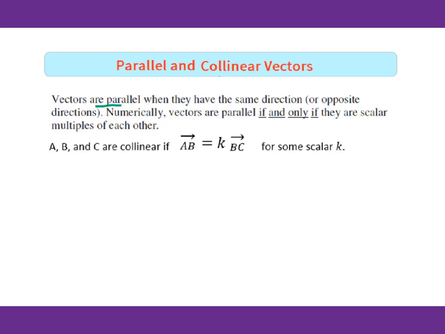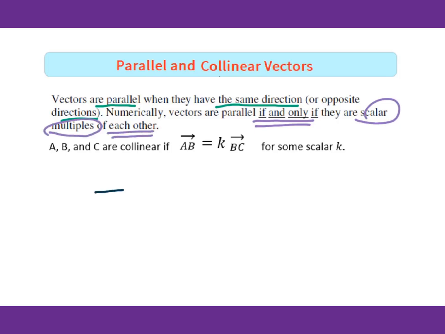Now let's talk about parallel and collinear vectors. Vectors are parallel when they have the same direction or opposite directions. Numerically, vectors are parallel if and only if they are scalar multiples of each other.